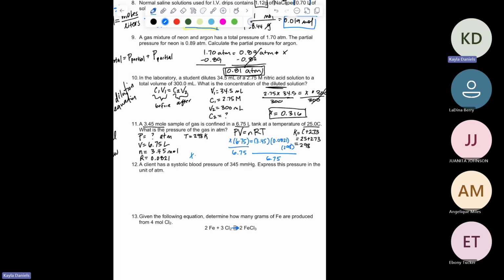And when I do this and plug it into the calculator, 3.45 times 0.0821 times 298 divided by 6.75, I got 12.5. And this would technically be in atmospheres, ATM.